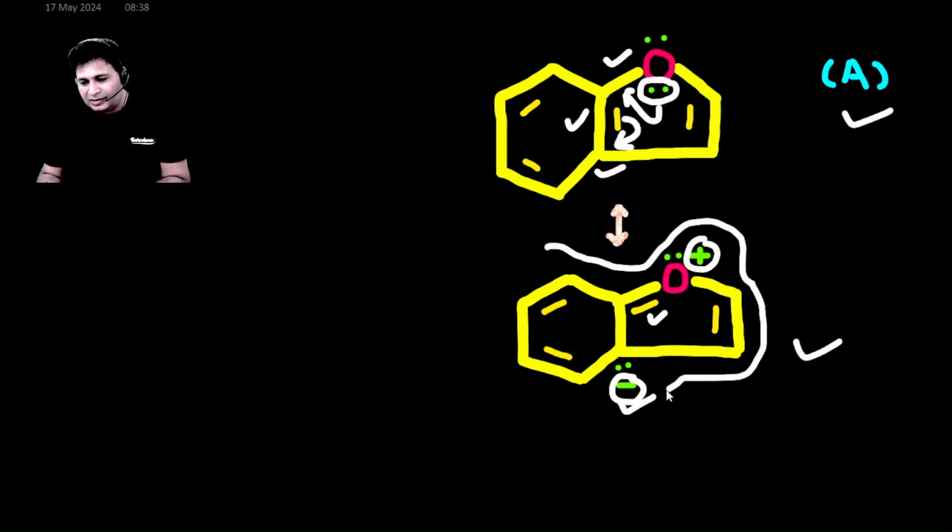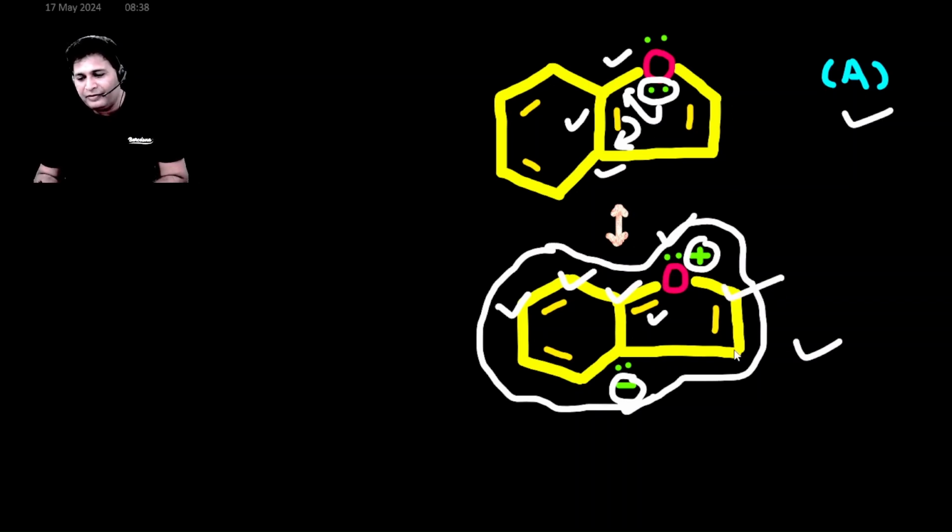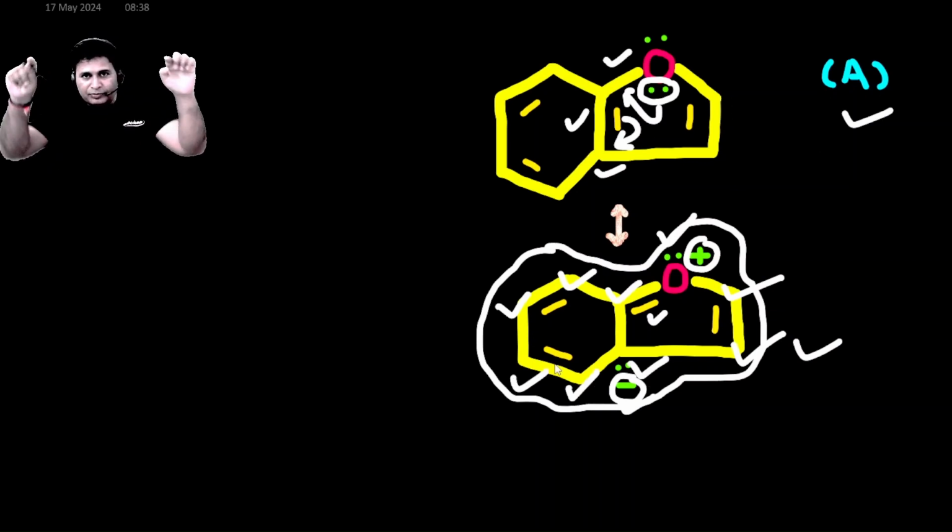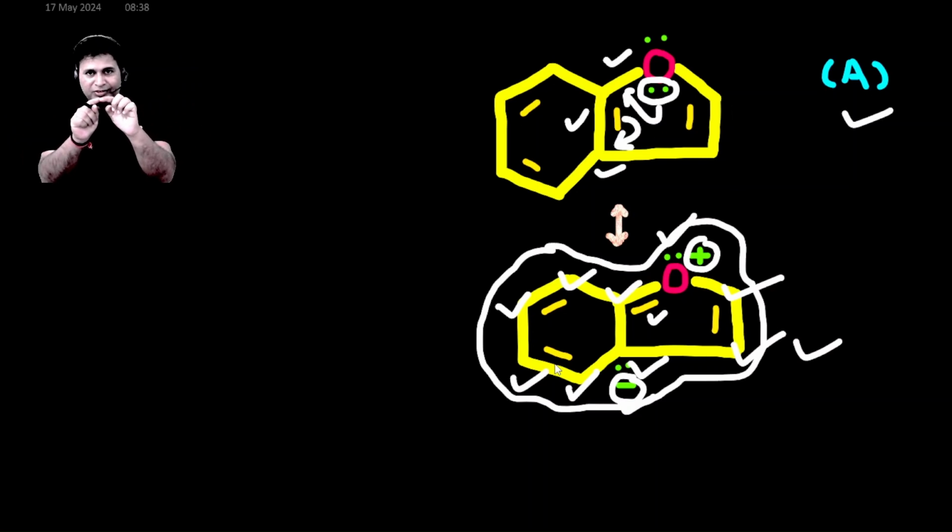You see this. And if you count the number of atoms involved: 1, 2, 3, 4, 5, 6, 7, 8 and 9. All the peripheral atoms like this, 9 atoms.